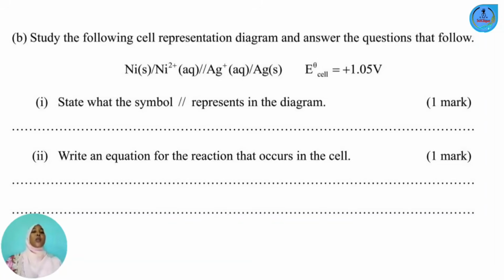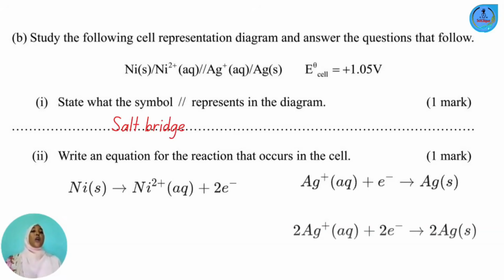So Roman 1, state what that symbol represents. This is the salt bridge. Roman number 2, write an equation for the reaction that occurs in the cell. So we are going to take it step by step and then arrive at the final answer together. Now, in the first instance, we are going to have atoms present in the nickel rod.